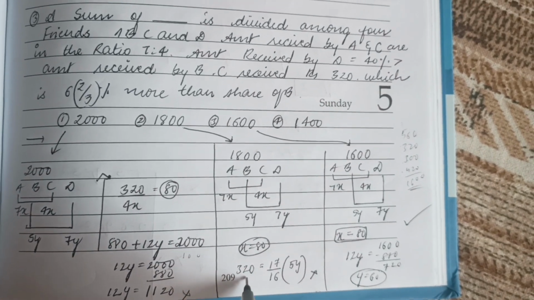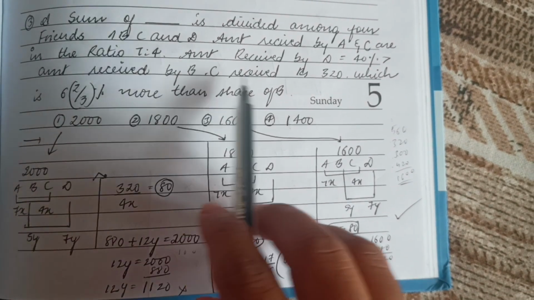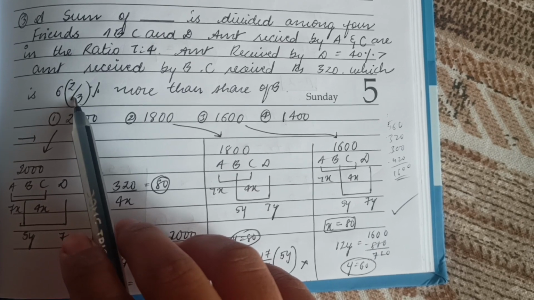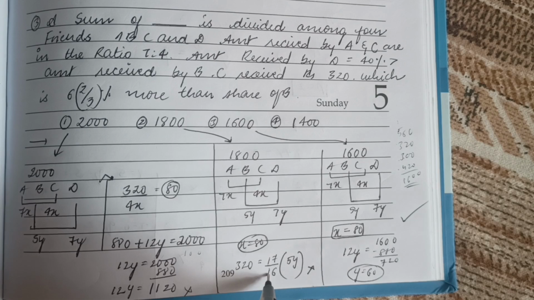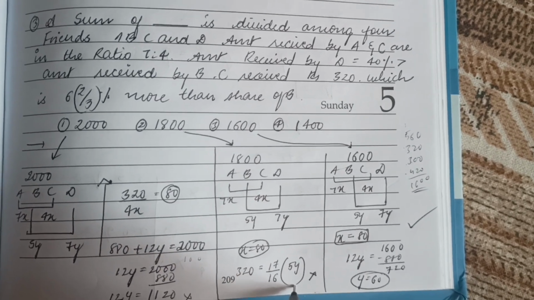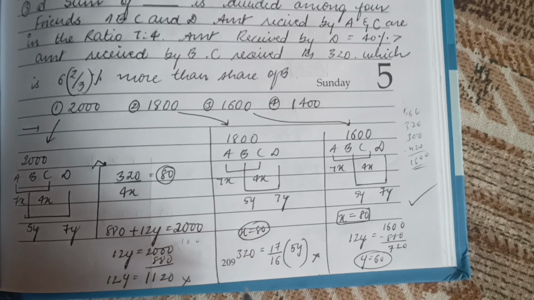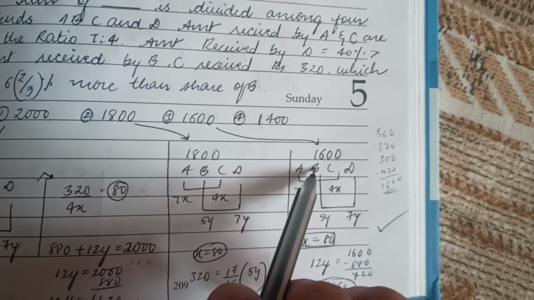Then this 320 will be equal to some ratio percentage value, this means 17 by 16 of that of B. If I do this, still I didn't get the correct answer, because we won't get the value for y correctly here.